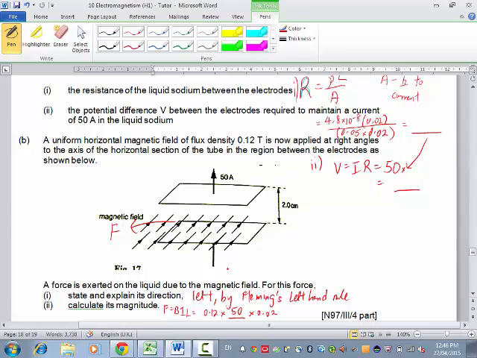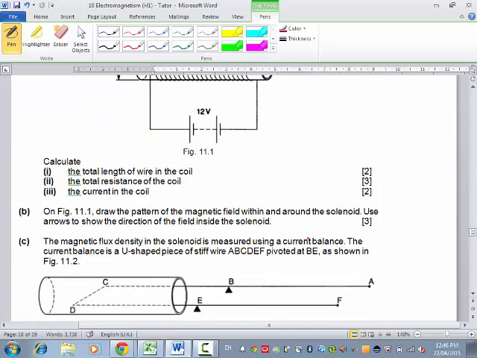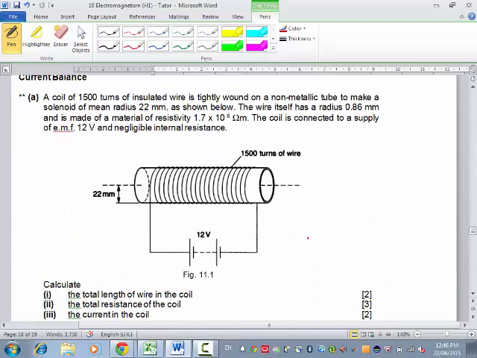Okay, let's move on. Move back to the last question. Determine the total length of the wire in a coil. For this question, they have 1,500 turns, and the radius is 22.